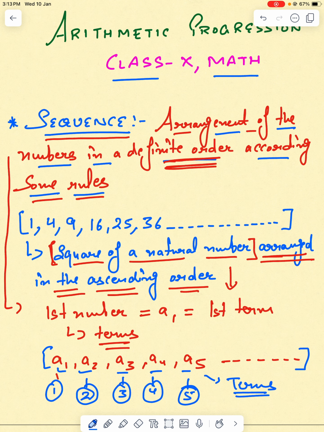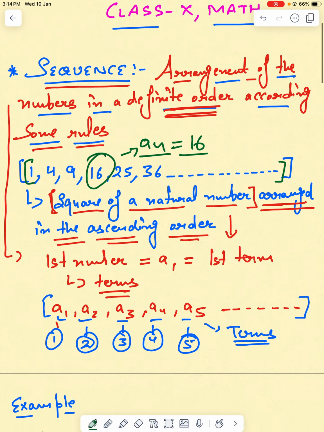So what next? If I ask what the fourth term of this sequence is, that is a4. In this sequence a4 is 16. This is the way you can form any sequence.